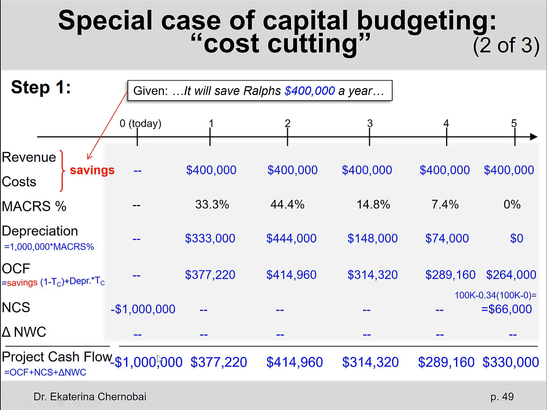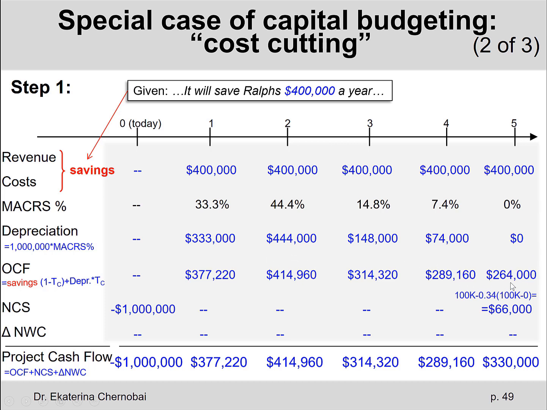So the project cash flow for year 0 is simply the purchase price, negative $1 million, which is spent. For year 1, it's the operating cash flow, $377,220. For year 2, 3, and 4, it's again the operating cash flow that we calculated earlier.